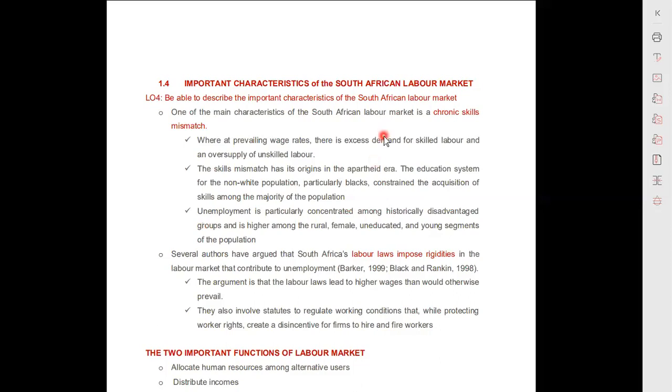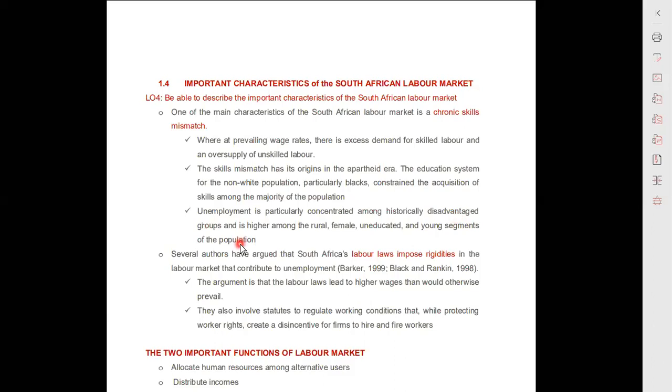So unemployment is particularly concentrated among historically disadvantaged groups. Whom does this include? They include those in the rural areas, and they include females. Females were said to not go to school, stay home, help grow the children, fetch water, fetch firewood.